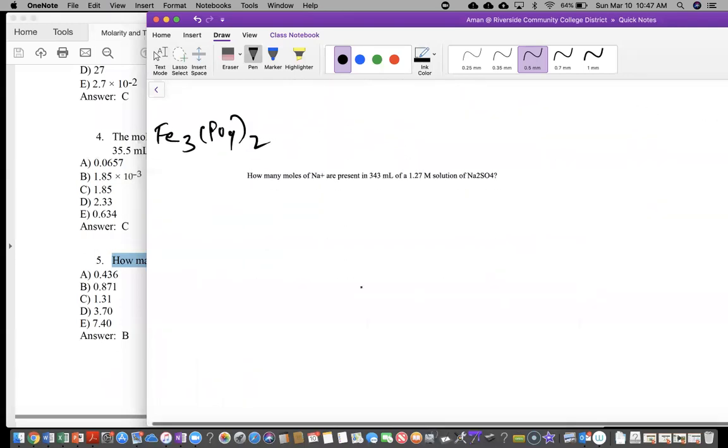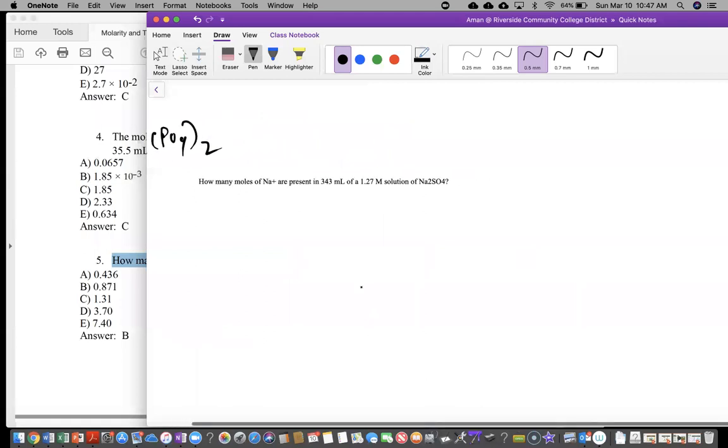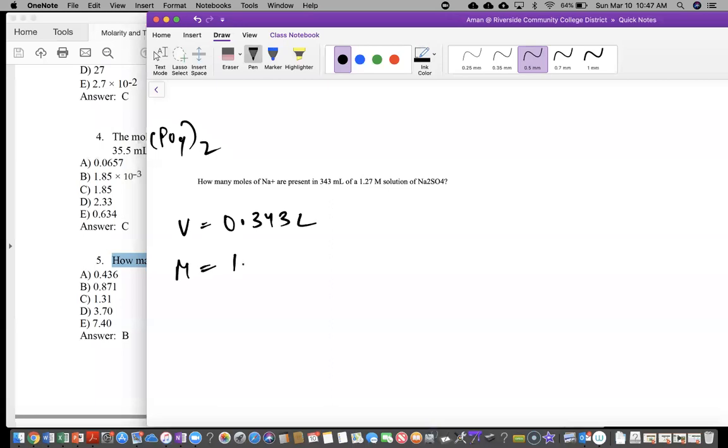We're going to find the moles of sodium in 343 mLs of 1.27 molar. What we are given is volume, 0.343 liters. We're given molarity, 1.27 molar, and this is sodium sulfate, Na2SO4. It's asking us for moles of Na+.